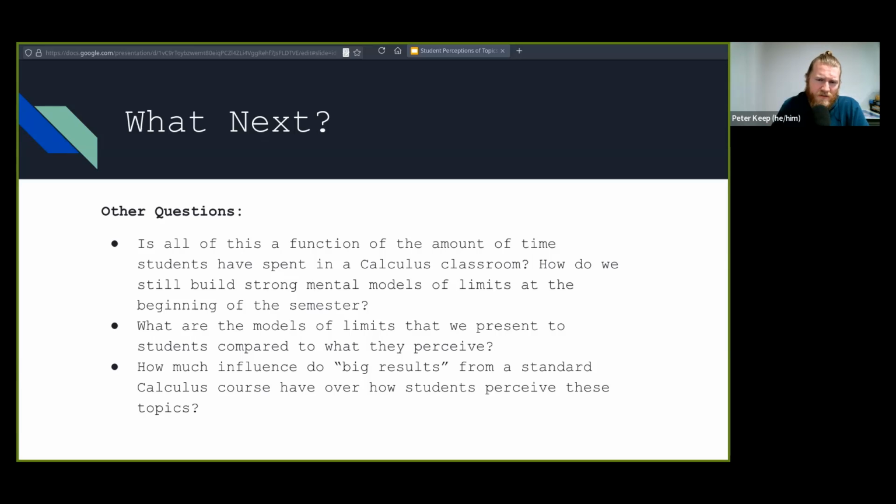Other questions that we might want to be asking is, what are the models of limits that we present to students compared to what they're perceiving? I really wanted to at first do this survey twice and do it with students and a group of faculty that teach calculus at the same time, and try to get, not an answer key, but at least some sort of baseline that we could compare to.